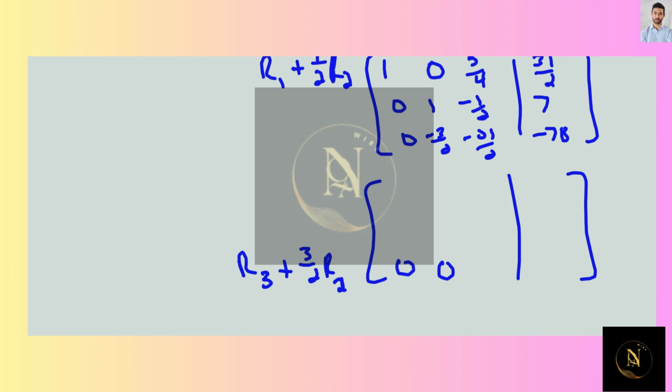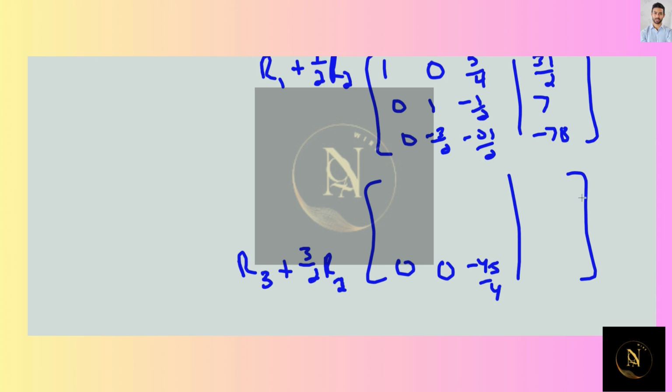Negative 21 halves plus 3 halves times negative 1 half, or negative 3/4. So negative 21 halves plus a negative 3/4. And that is negative 45/4.